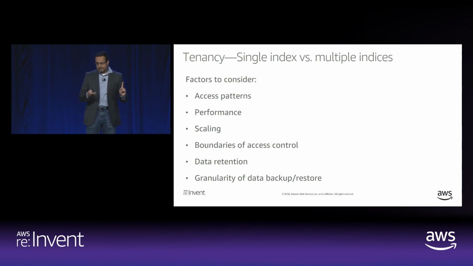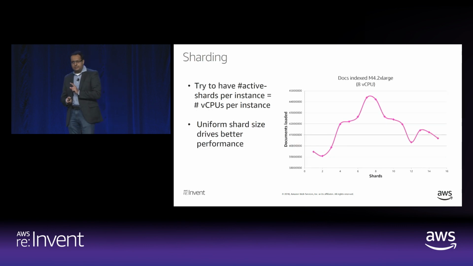Now, that's part one. The other key part is sharding. What we have seen is sharding is one of the primary reasons because of which people face inefficiencies and performance issues. So there are two tips I would like to give you. First of all, try to make sure at any given time the number of active shards is equal to the number of vCPUs you have in your cluster.